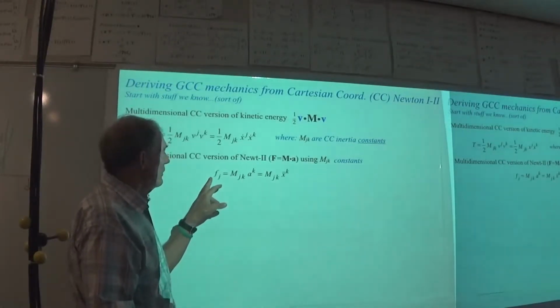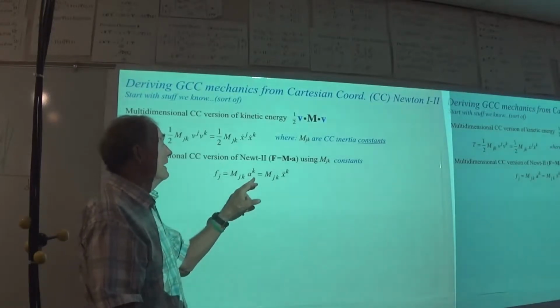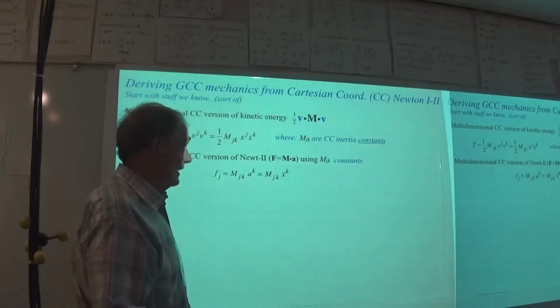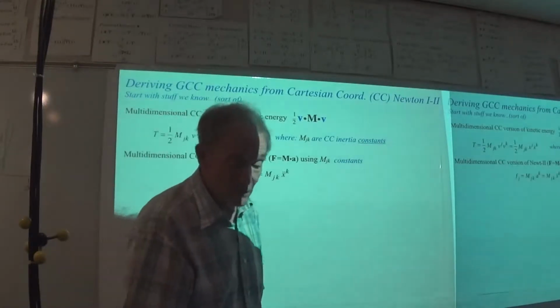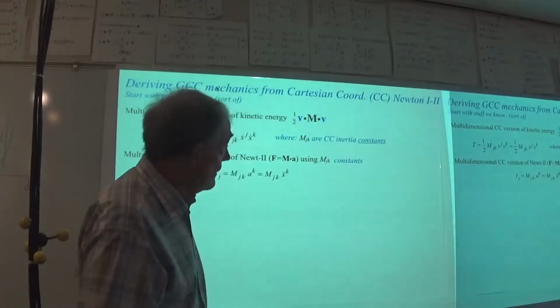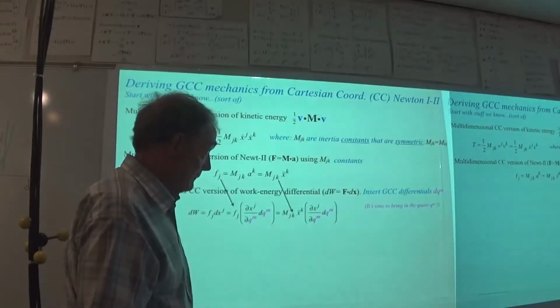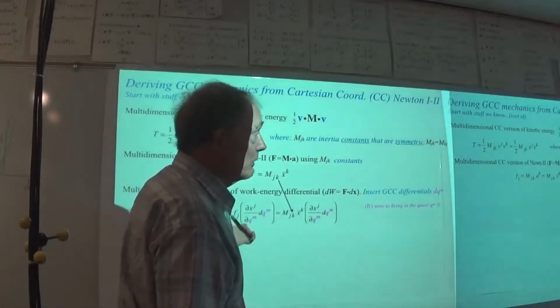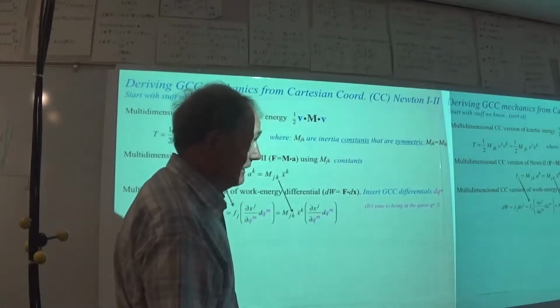So what we've got here is the F equal ma equation written in Cartesian land, okay? And we're going to try to bring that up to date with GCC, okay? And we're going to do it for polar coordinates in complete gory detail today.